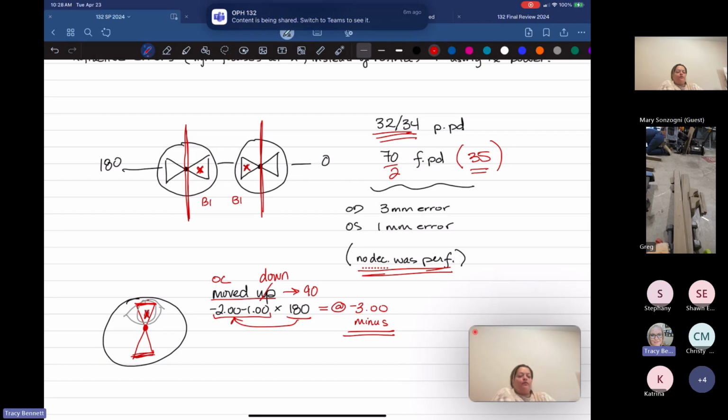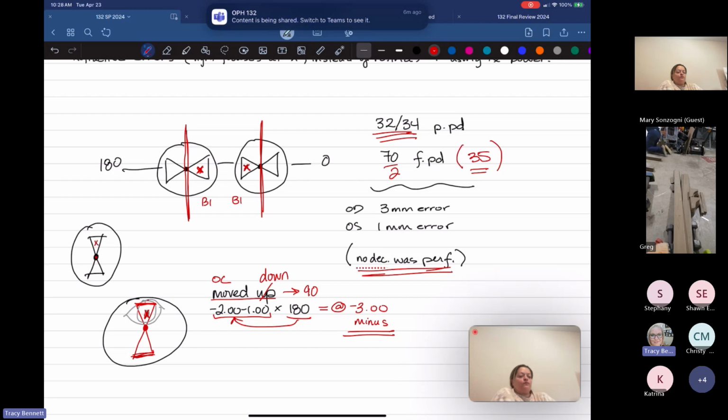And those are even easier because with those, you could just say, okay, there's my OC, there's my lens. And then you just assume that the eye starts out, ideally, we want the eye and the OC to be in the same spot. So if the eye looks up, it starts here and it looked up.